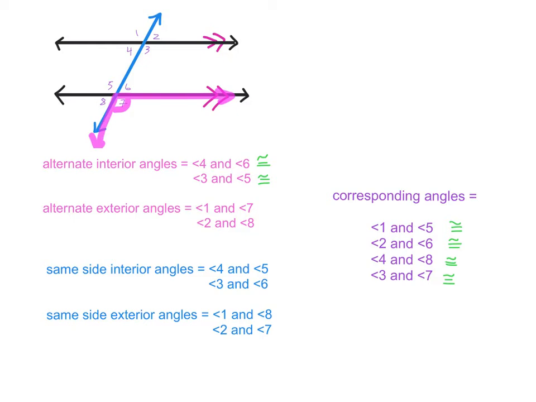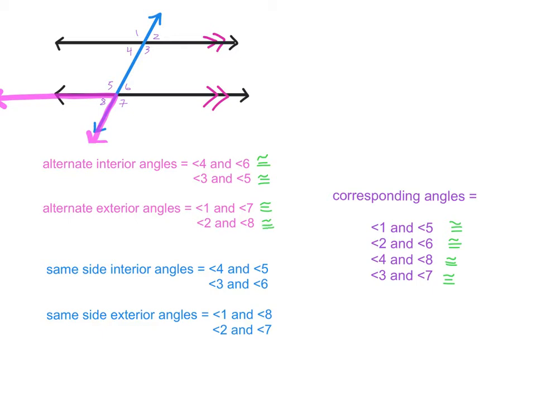So 1's congruent to 5, 5's congruent to 7. That leads me to the conclusion that 1 in fact is congruent to 7. Okay, so 2 and 8, let's see it. Here's angle 2 so you can visualize. 2's congruent to 6, we know this. Well, 6 is congruent to 8 by vertical angles, so yes, 2 is congruent to 8.